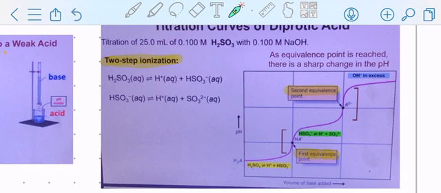Here we see that for a diprotic acid, such as H2SO3, this can be broken down twice, first into HSO3 minus and H plus, and then again by breaking HSO3 minus into H plus and SO3 2 minus.